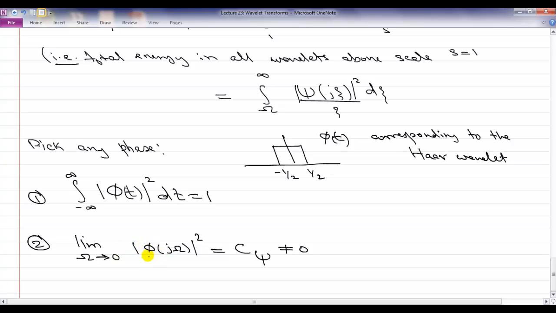So what this is saying is that if you look at the Fourier transform of the scaling function at omega equal to 0, it is non-zero. What would that make the scaling function? It will make it a low-pass filter.